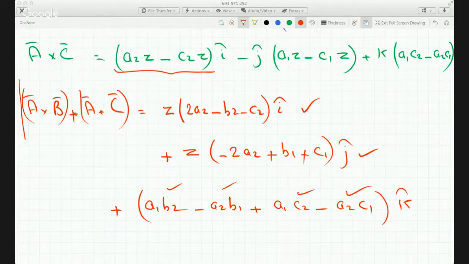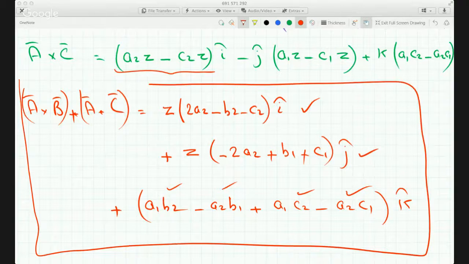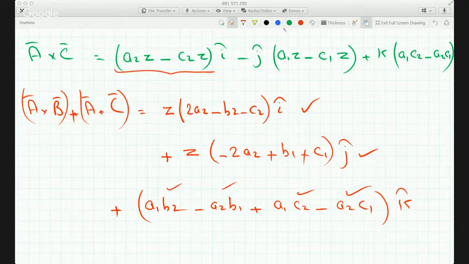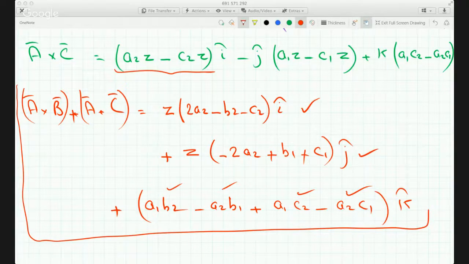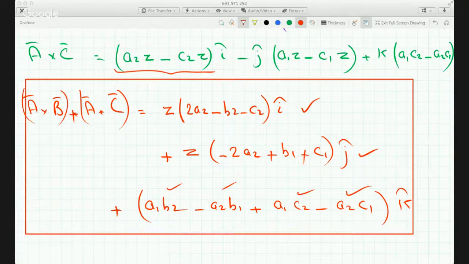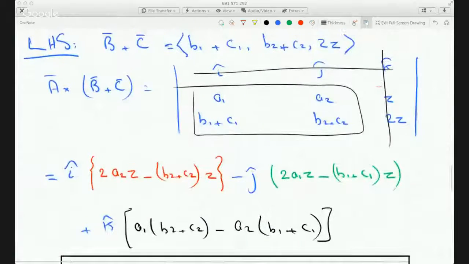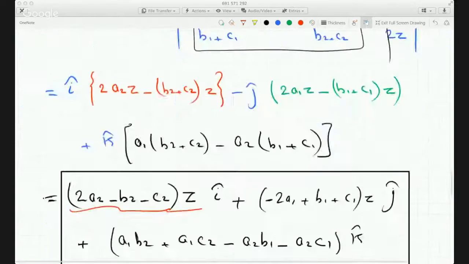So this guy in red, oops, I need to close it. This guy in red is the same exact thing as this guy in black, which proves that the right-hand side is equal to the left-hand side, no?